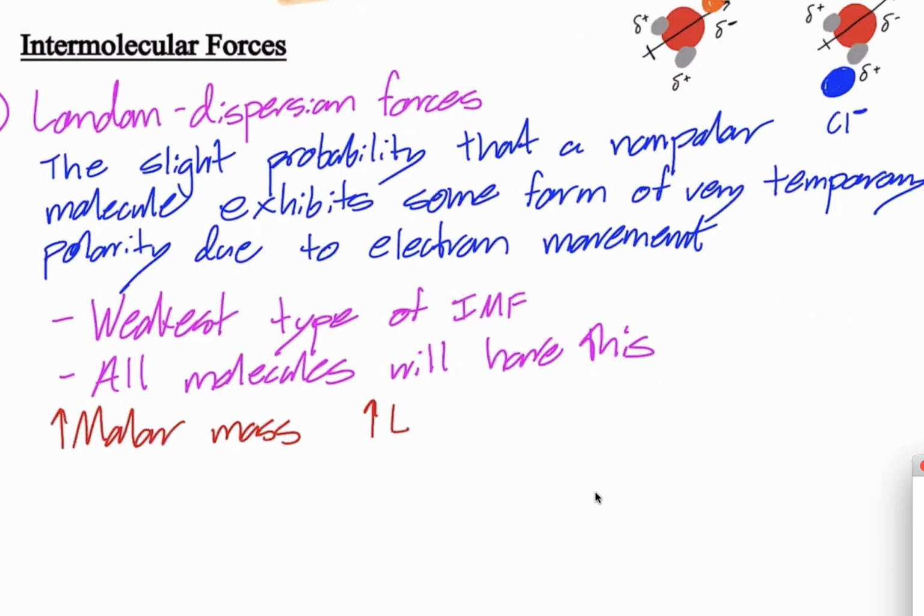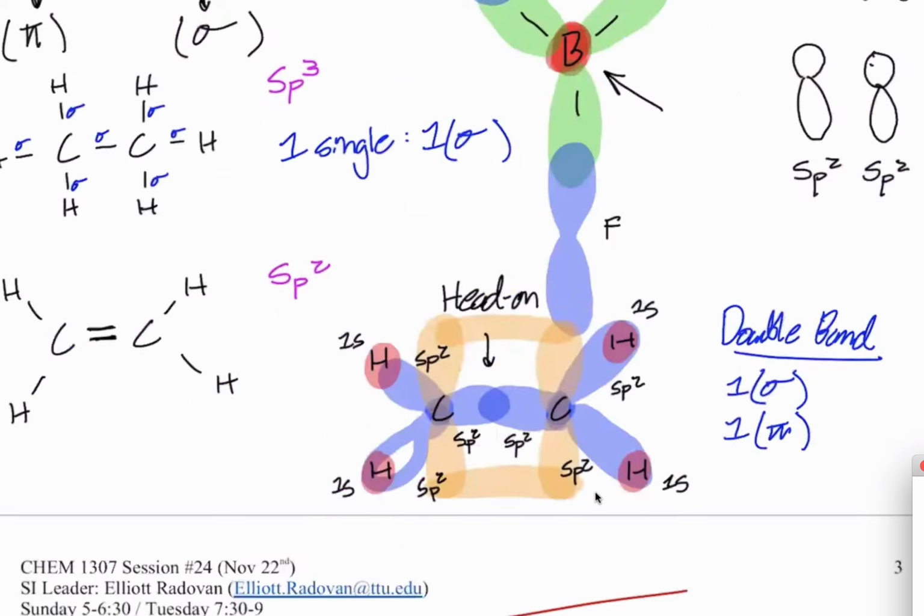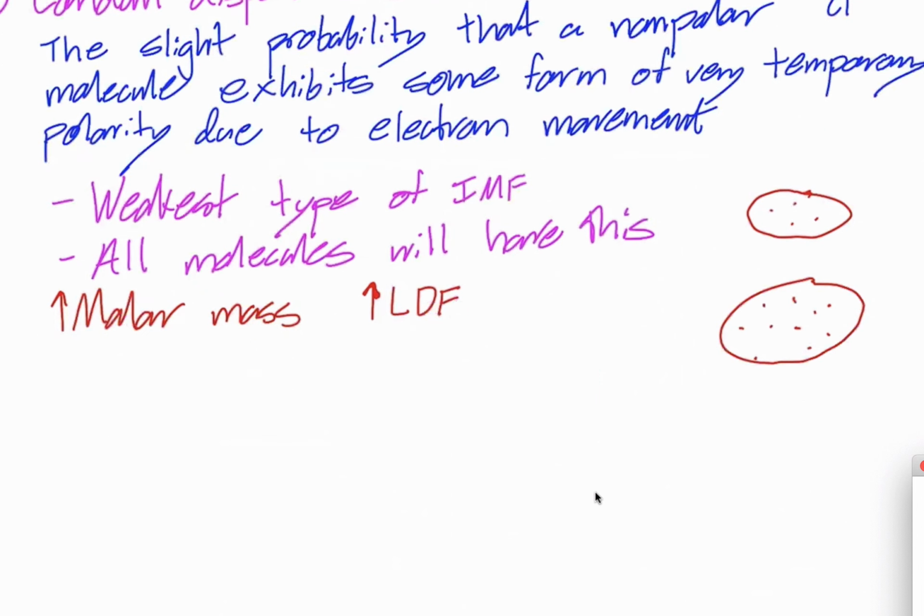The impact of those London dispersion forces increases just because if we compare a small molecule here, I'm not going to draw anything super specific, and a big molecule here, then those electrons moving about the molecule, in the large molecule, there's a bigger chance for those electrons to all polarize in some direction versus there's less electrons for that chance to happen in a small molecule.